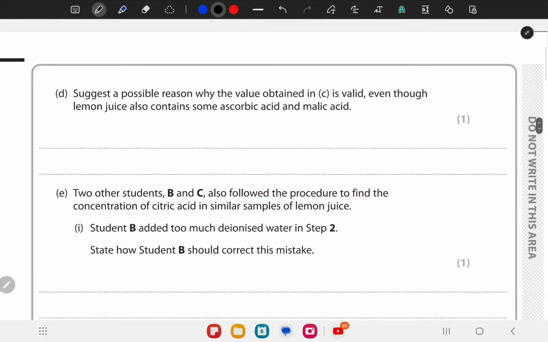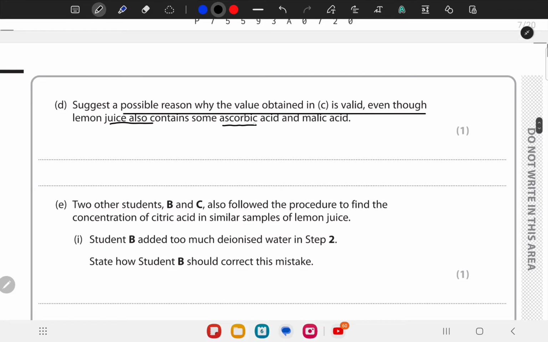Now moving on to the next part, we have to suggest a possible reason why the value obtained in C is valid, even though lemon juice also contains some ascorbic acid and malic acid. If we have other acids, they would also affect the titer value.